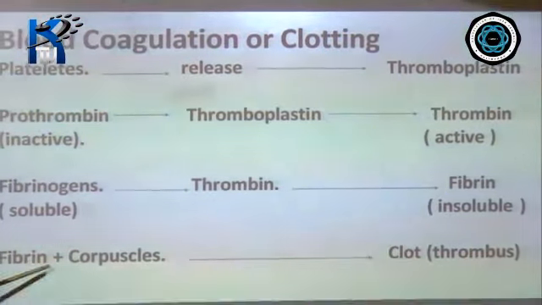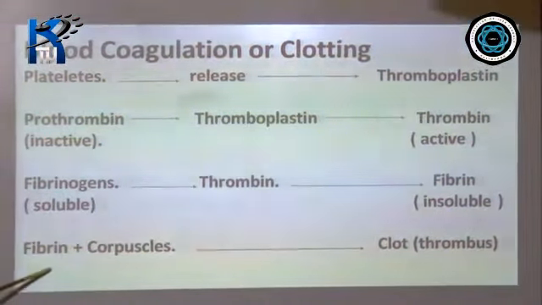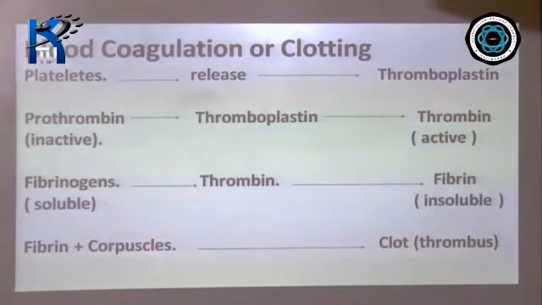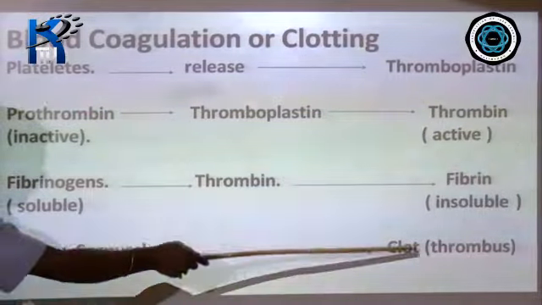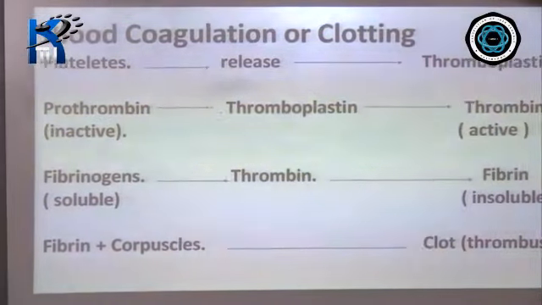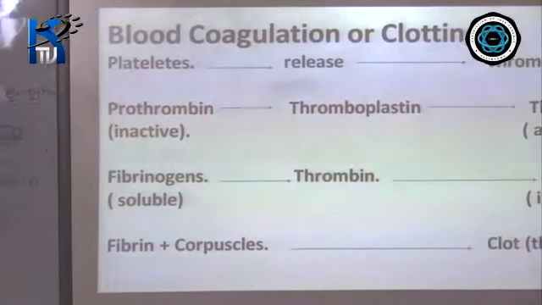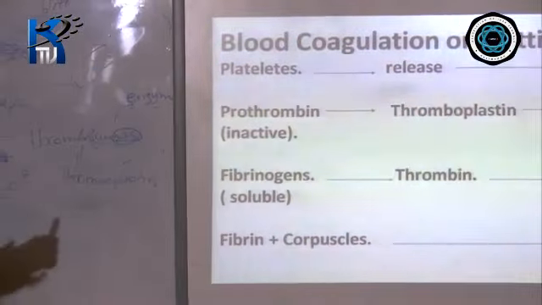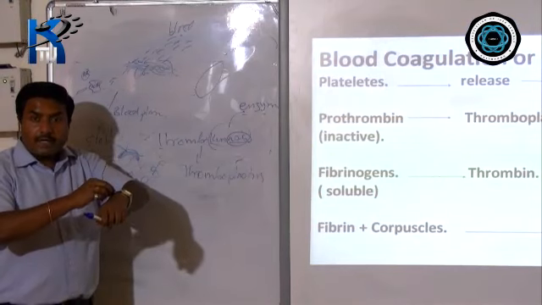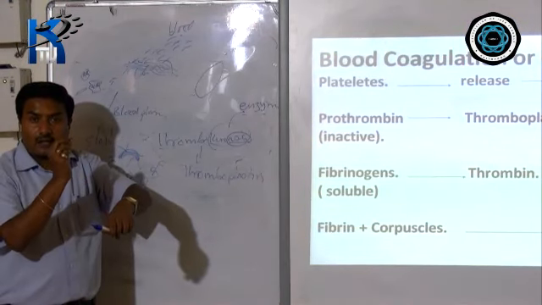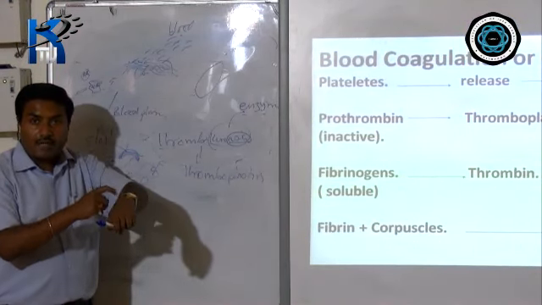That means the insoluble fiber protein plus the corpuscles that have got entangled here lead to the formation of a clot, that is called thrombus. And this is the process of clot formation. Whenever we have an injury, whenever we have a cut, you will find that after that the blood has become hardened, dark red in color, and hard in nature.